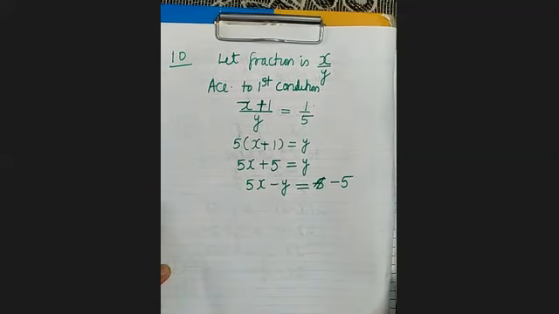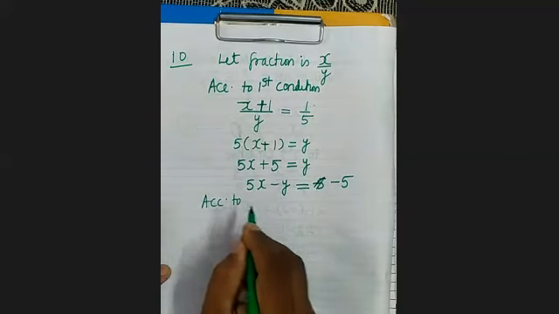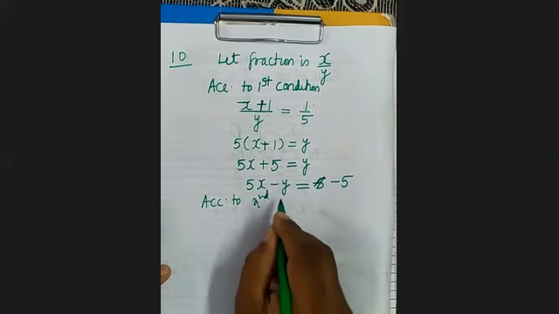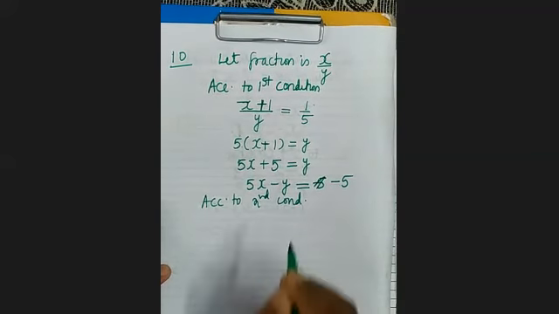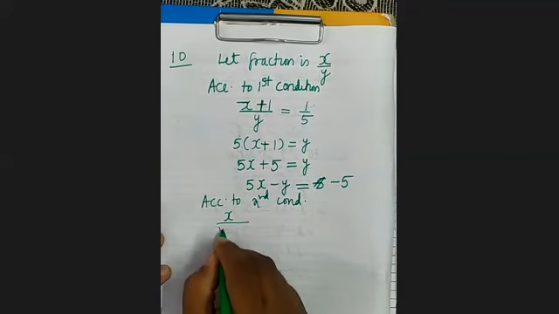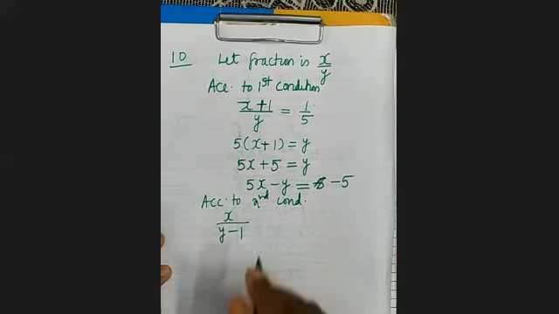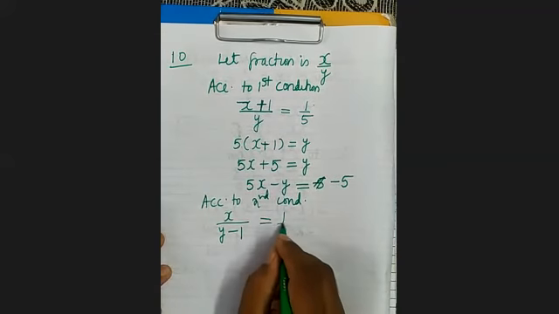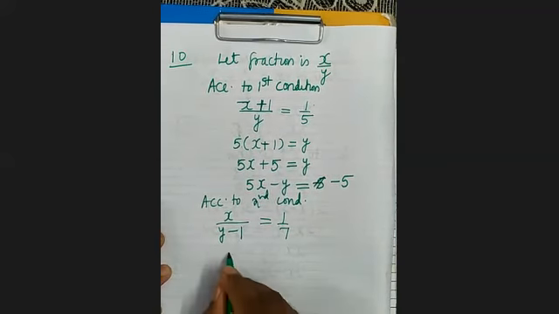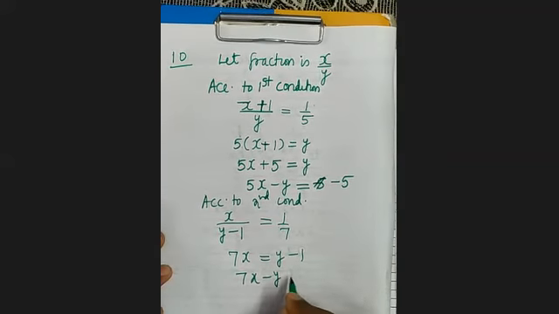Now according to the second condition, if 1 is subtracted from the denominator, it equals 1/7. So 7x minus y equals minus 1.